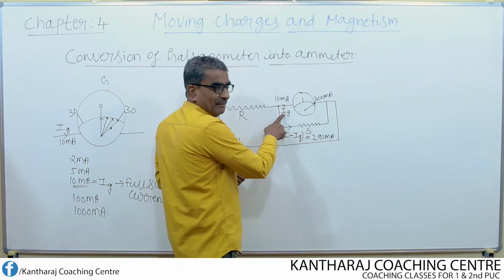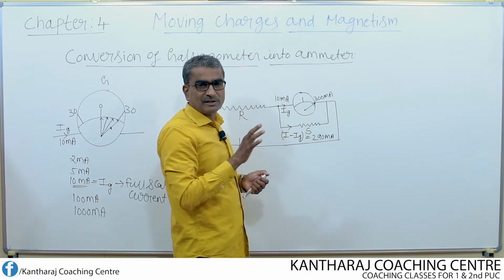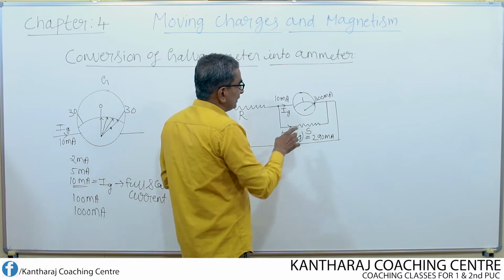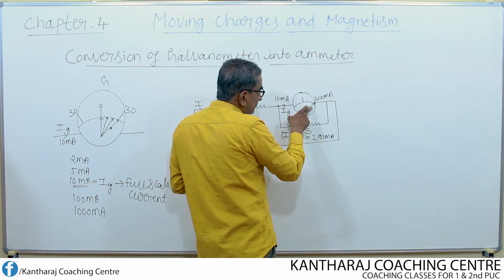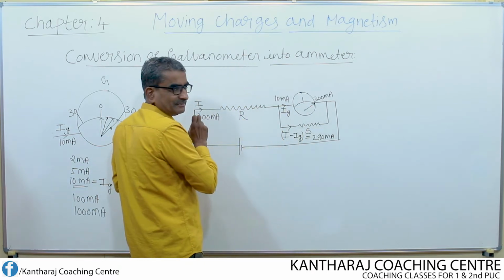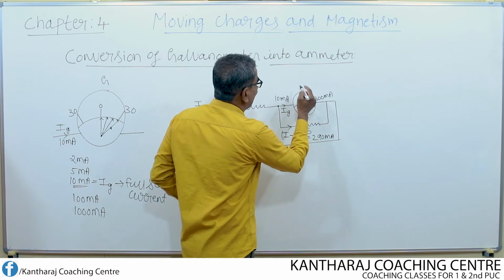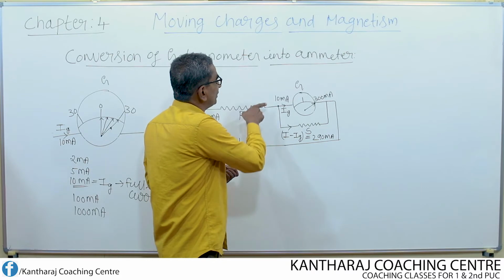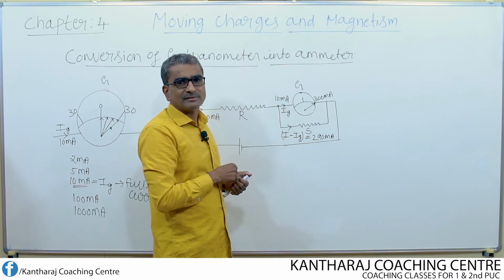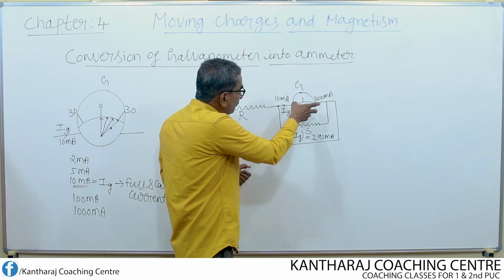For 10 milliamps current, the pointer is showing full scale deflection, so certainly whatever deflection it reads must be proportional to the main current. Otherwise, there is no point in using this galvanometer. What is the use of using this galvanometer to measure just 10 milliamps? We have to measure the main current. For that itself, we have modified this.